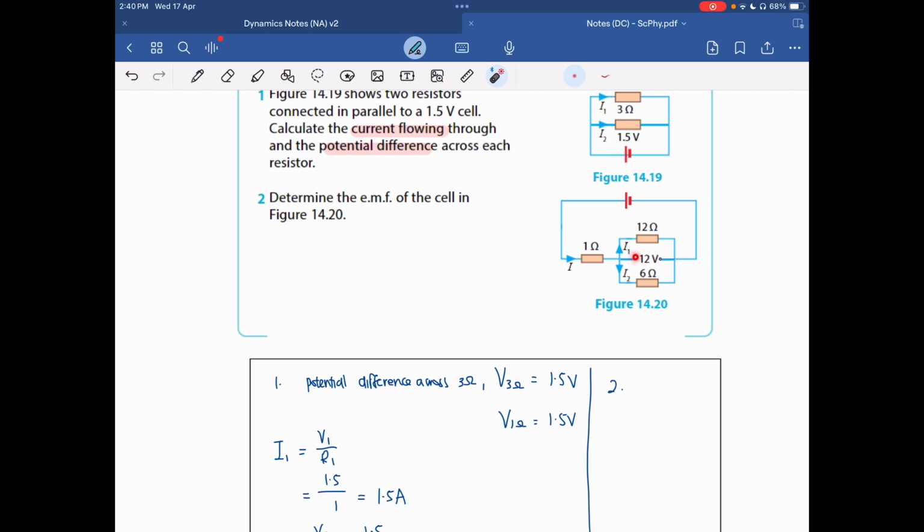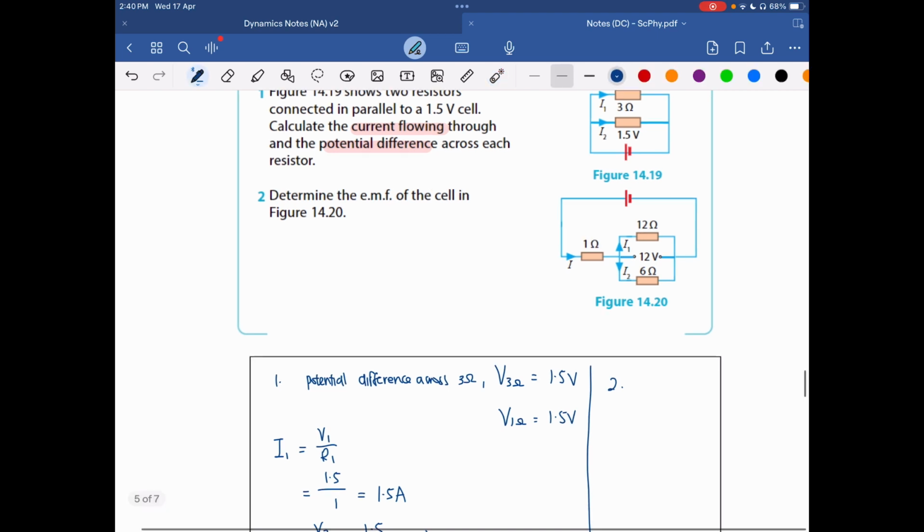Oh, they are measuring the potential difference across these 2 points, right? The potential difference across the parallel branches. So I know this is 12 volt, right? Potential difference of this and this is 12 volt.